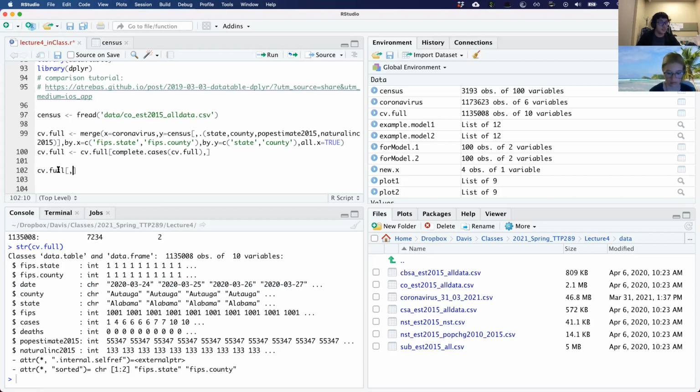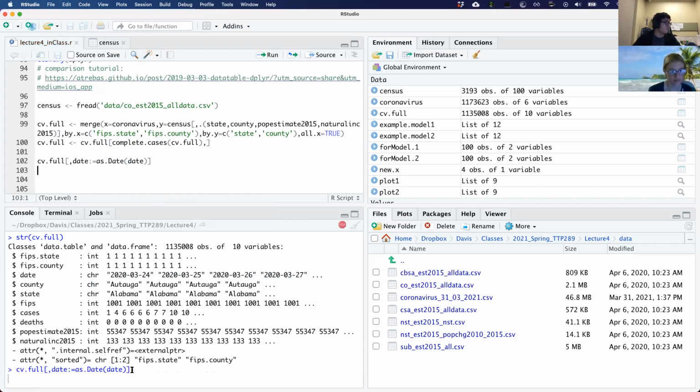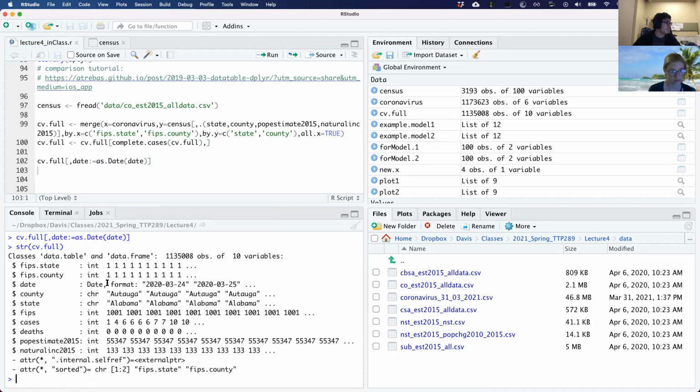This is using the data table type of syntax to create or to modify a column. So all I'm going to do is this command, which will convert all of the dates. And we should be able to see that when I look at the structure again. Now the date has a date format, which is convenient for doing graphs.